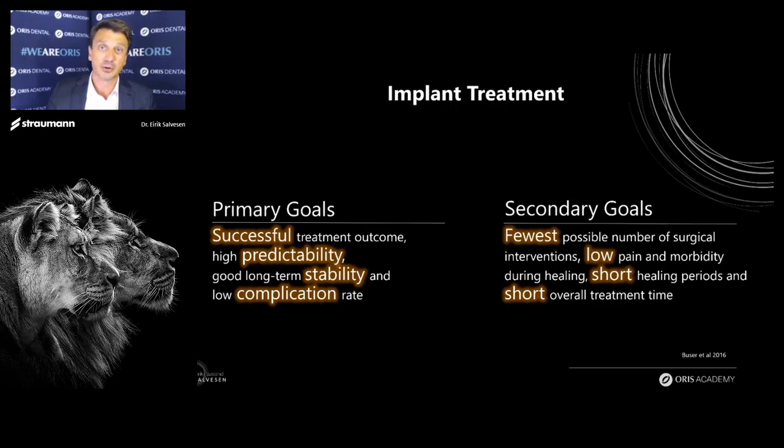Given that, the primary goal should always be in your mind when you plan a treatment and when you perform a treatment for your patients. Nevertheless, we cannot always stay in the safe zone of what we always did. We need to develop and we need to get more on the patient side of this treatment, because basically it's the patient that is his or her own general manager of his or her own teeth.